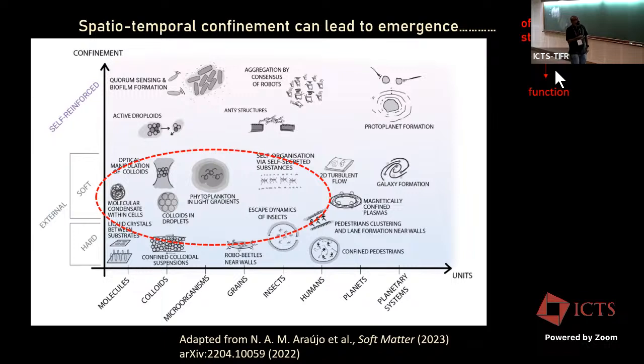Be it, let's say, protoplanet formation, galaxy formation, various different specific aspects of biological structures, for example, ants, or even quorum sensing with bacteria and other kind of elements.